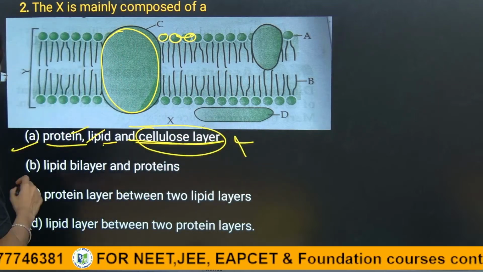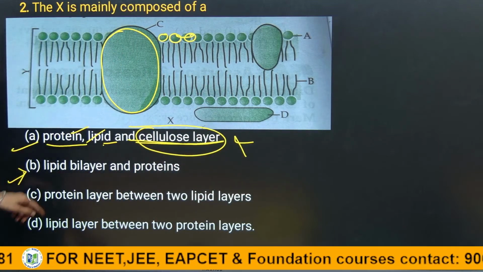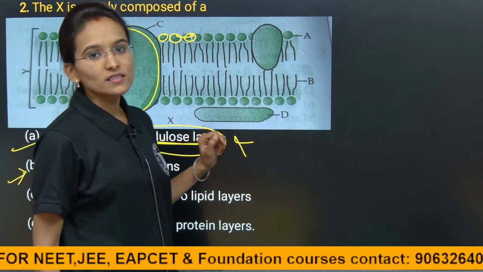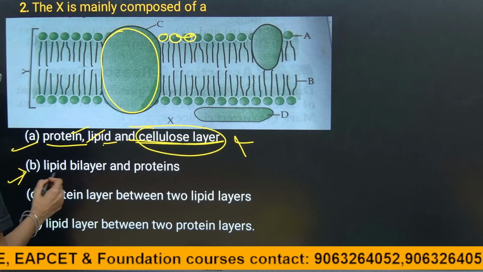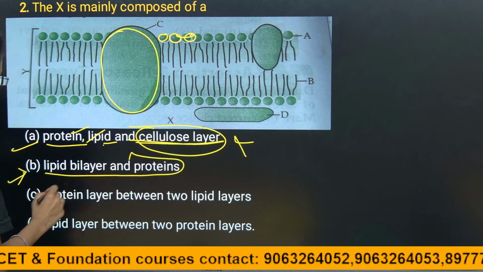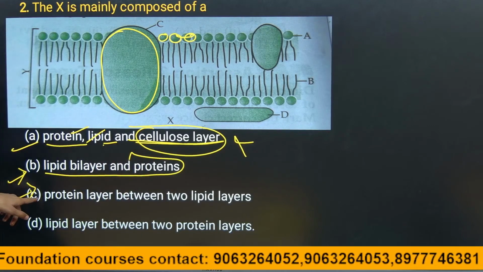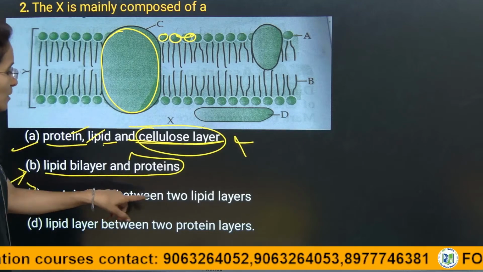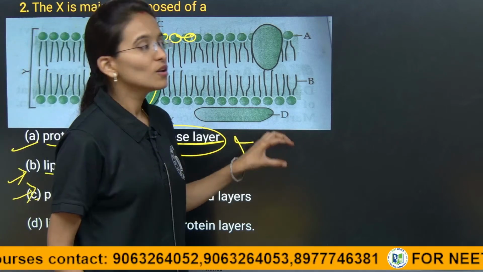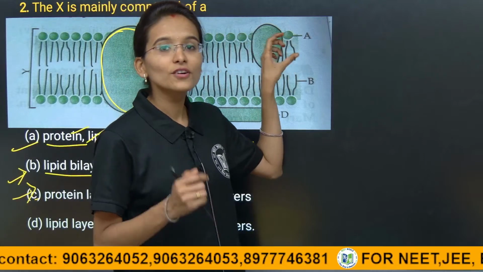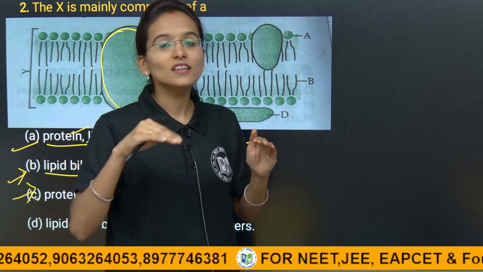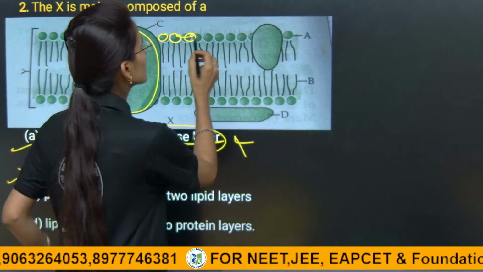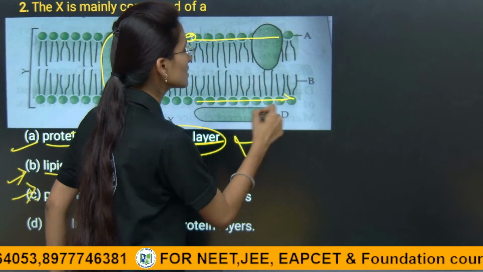Next, option B, lipid bilayer and proteins. Do you think it is going to be a correct answer? Let's stay tuned. Next we discuss option C, protein layer between two lipid layers. We have the arrangement of phospholipid bilayer. Bilayer means the lipid layers are arranged in two layers. This is one layer and this is one layer.